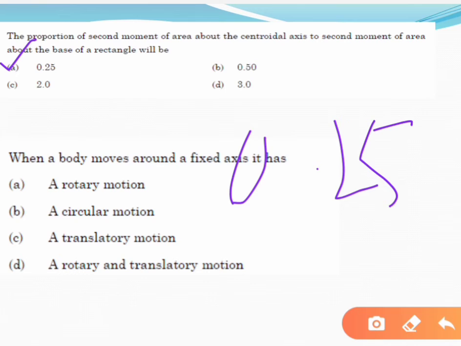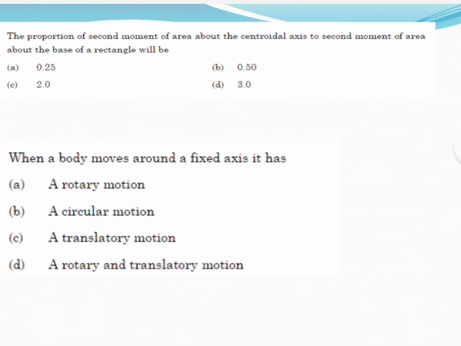When a body moves around a fixed axis, it has a circular motion. The correct option will be option B, circular motion. In circular motion, the body has a fixed central point and remains equidistant from it at a given position, whereas rotary motion is the spinning movement of the body about its own axis.